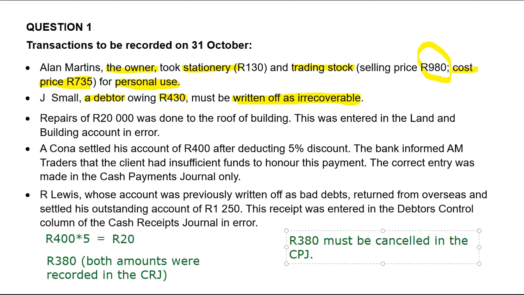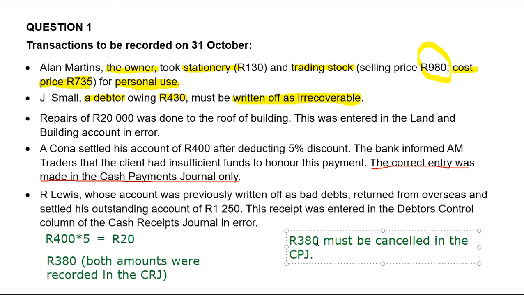Here it is. They said the correct entry was made in the cash payments journal only. So this entry here was correctly processed. But the problem is this person was owing us 400 rand. And we are saying that we reduced his account by 400 rand.